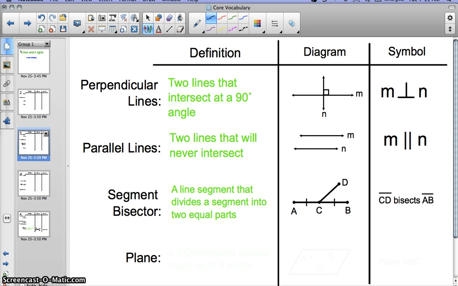CD is cutting or bisecting AB into two equal pieces. And we know they're equal, and it's symbolized by the hash marks on AB. So we know that AC is congruent to CB. There really is no symbol for bisecting, so we actually just have to write it out. So line segment CD bisects line segment AB.